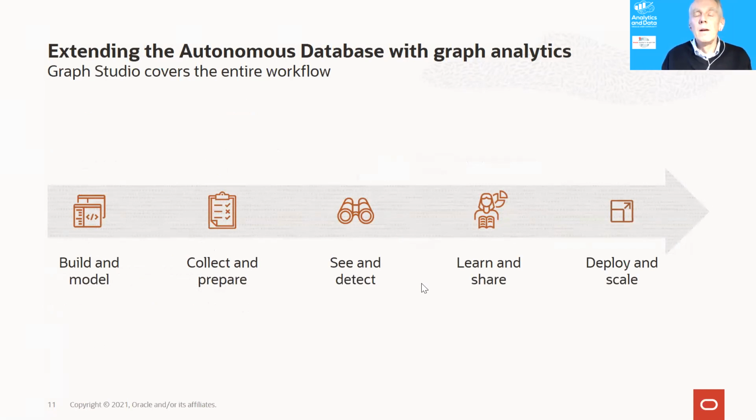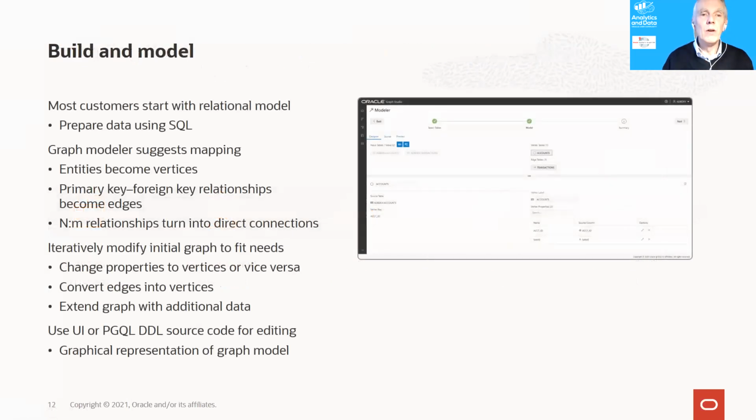We will then guide you and provide tooling to move the data into the appropriate in-memory data structures, so you can do the third step, which is the high-performance graph analytics and graph algorithms. And then we offer the notebook environment to document the work you're doing, collaborate with others, share the results, and then deploy the whole environment on the Autonomous Database. So that's the complete workflow. We'll go through these steps one by one in a little more detail, and then show you what this looks like in the real world.